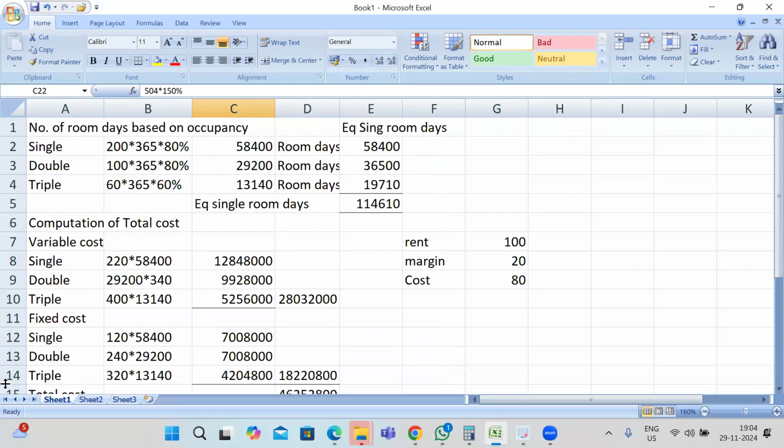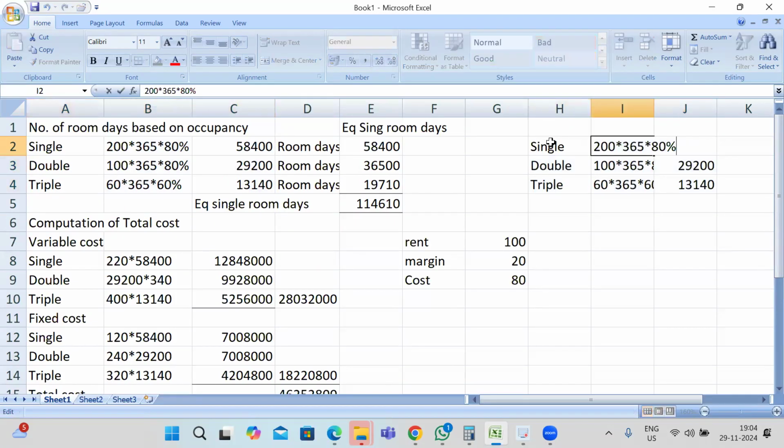So we have to calculate the room days without this occupancy level, that is without this 80 percentage. So if I am calculating without 80 percentage, my fixed cost will vary. So 73,000, here it is 36,500, here it is 21,900.